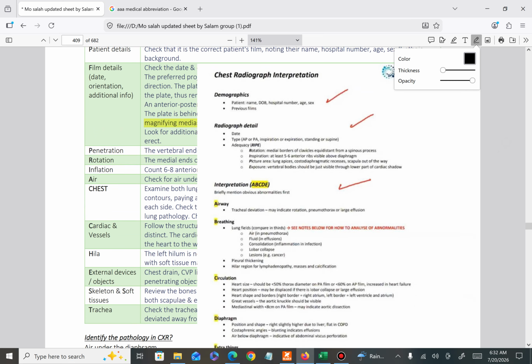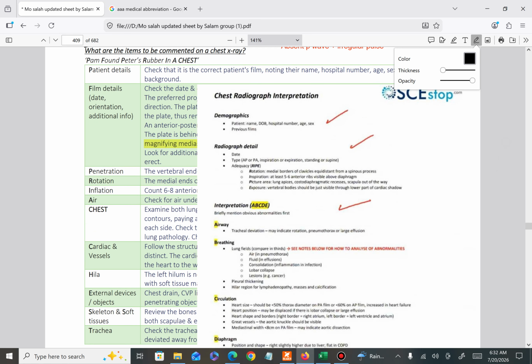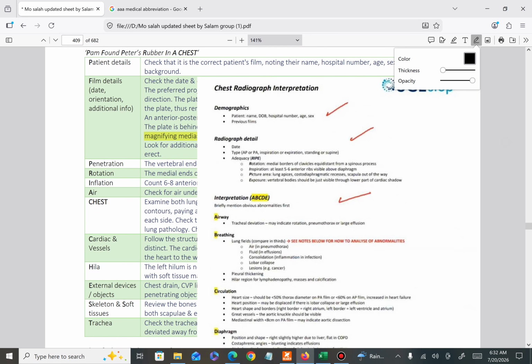Then we ask for previous films. Then the radiograph details: the date of the radiograph, the view, whether it is AP or PA, inspiration or expiration, standing or supine. Then we will check for adequacy.